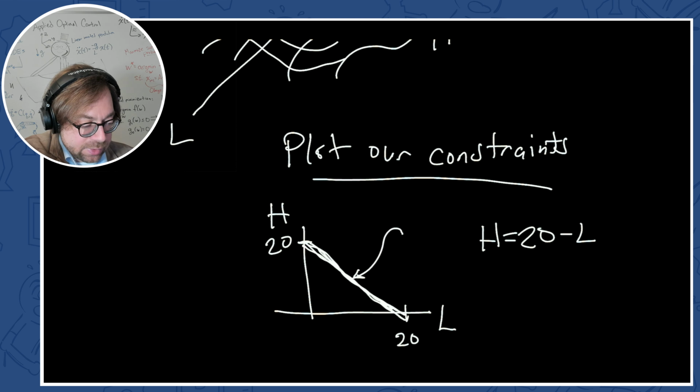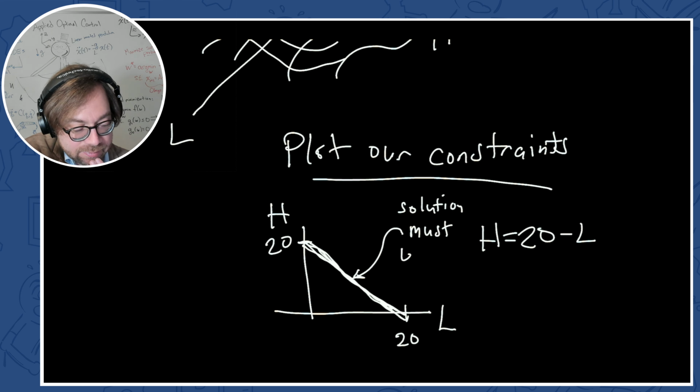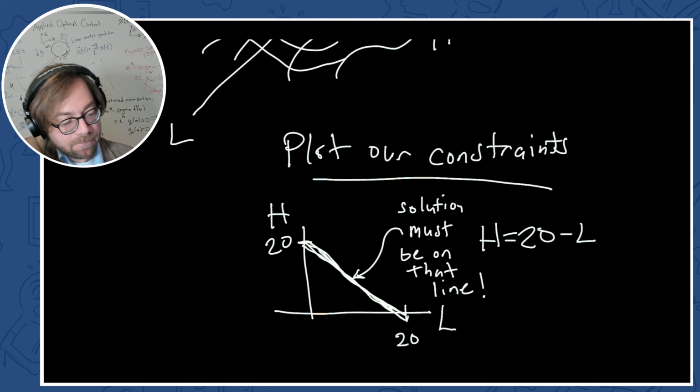For an equality constraint, the solution must be on that line. Okay? For an equality constraint, it's got to be there. So let's plot that line real quick.